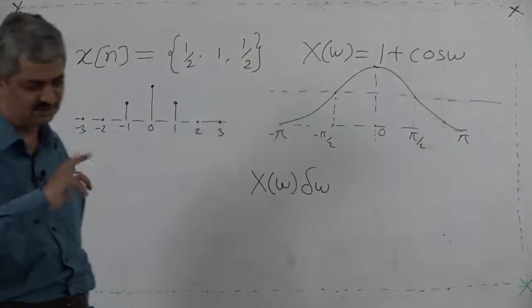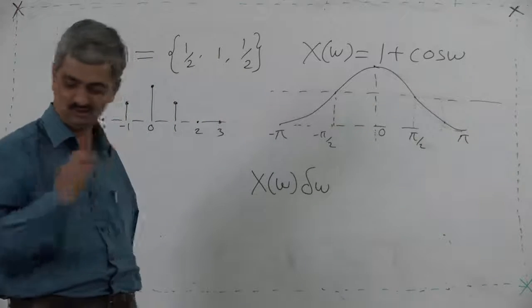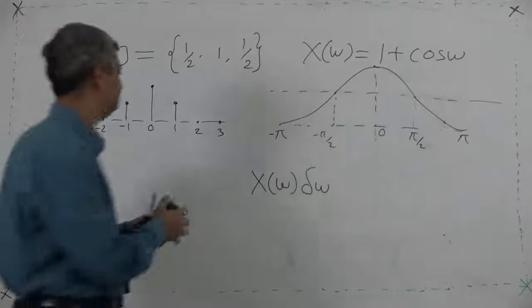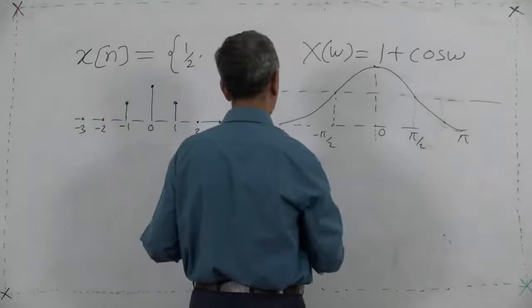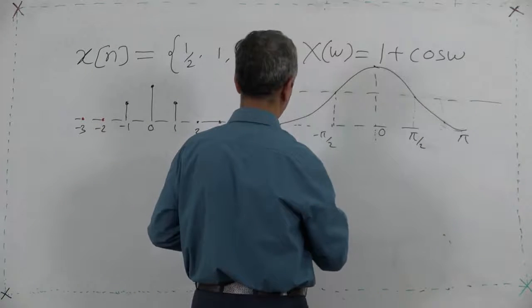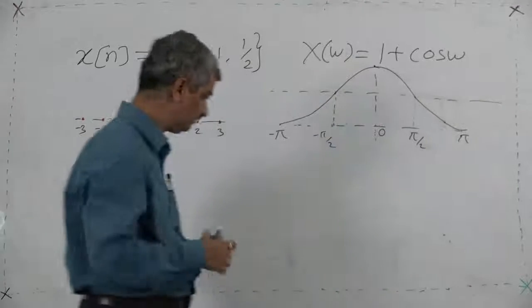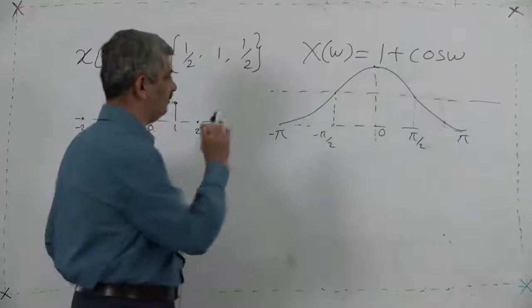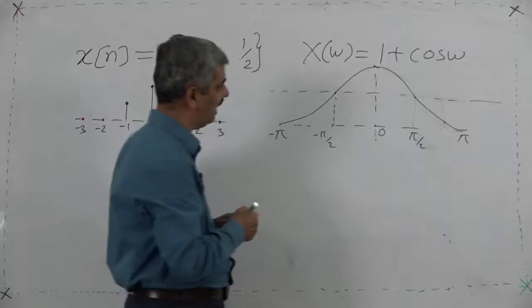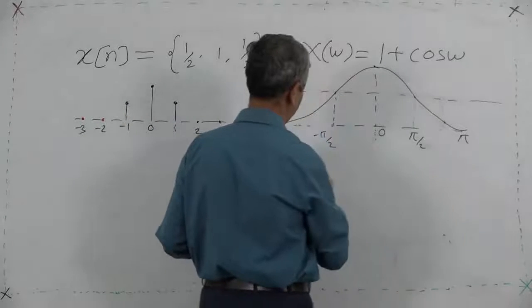D and delta we use interchangeably, but there is some logic. So, this delta, either you can have this delta or you can have this delta. I am trying my level best. So, at a given omega, what do I have?